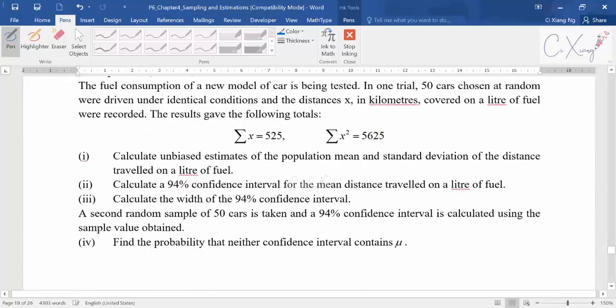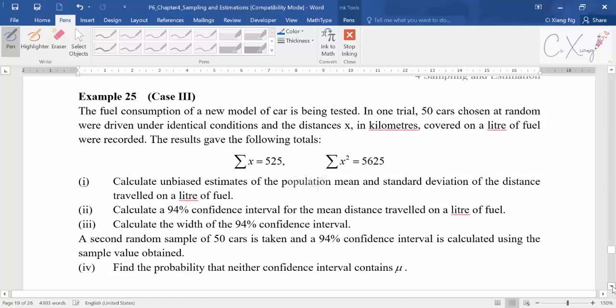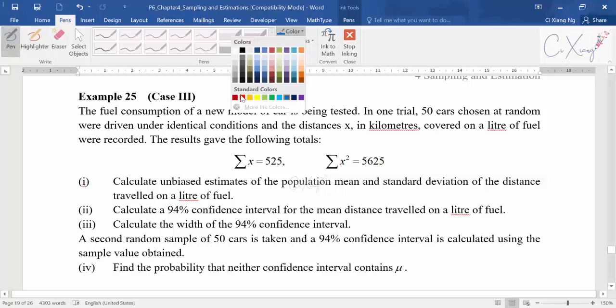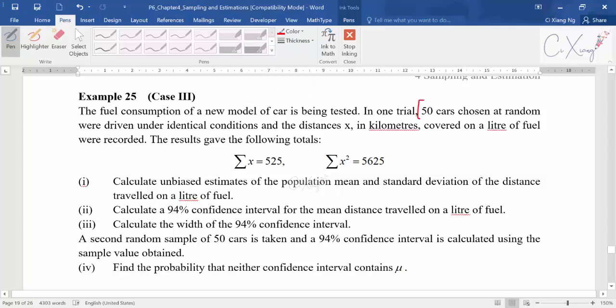Okay, so for example 25, most of it is based on calculation, but I will first tell you why it belongs to case number 3. You can read the question. Here they said there are 50 cards chosen, and the values you get are given. If you go through the whole question, first of all, you don't see the word normally distributed.